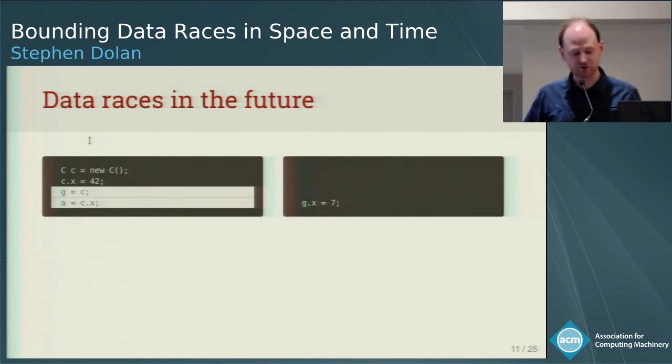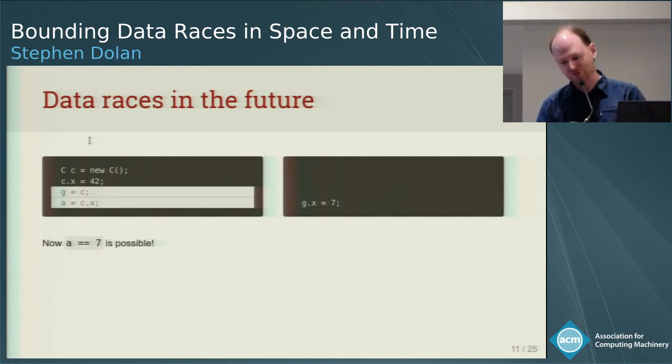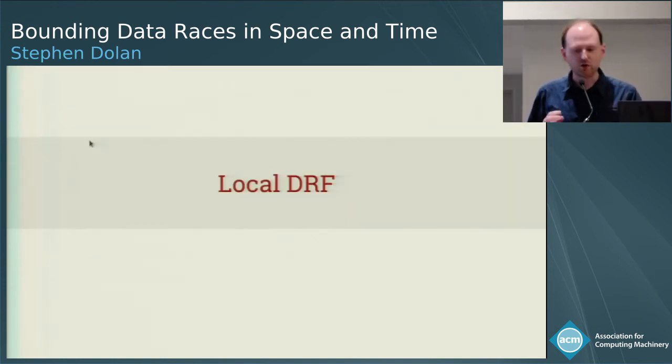And now, once it's changed to that, it's perfectly possible for A to be 7 because the thread on the right modified the value before we read it, even though this happened after. This was the code following the actual stuff that we wrote. So we would like not to have this. We would like to strengthen the SC-DRF to this local DRF property.